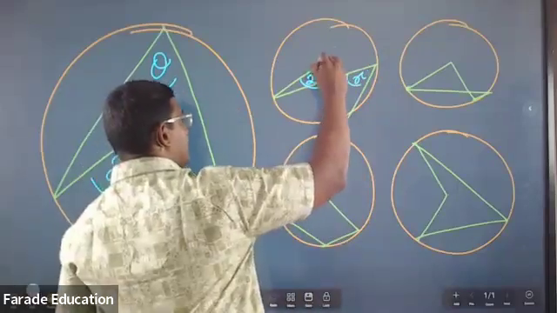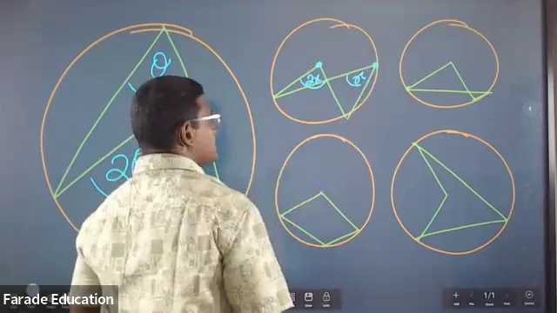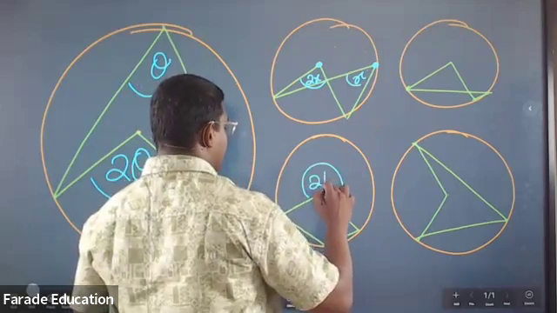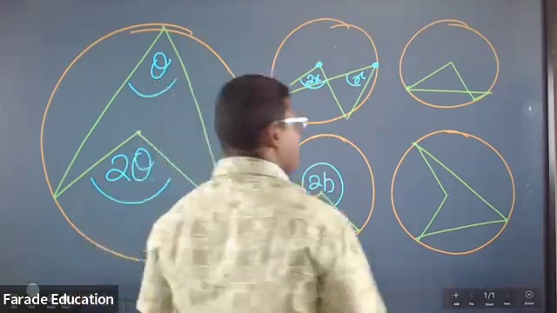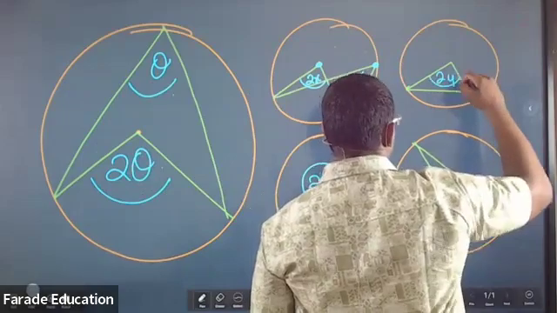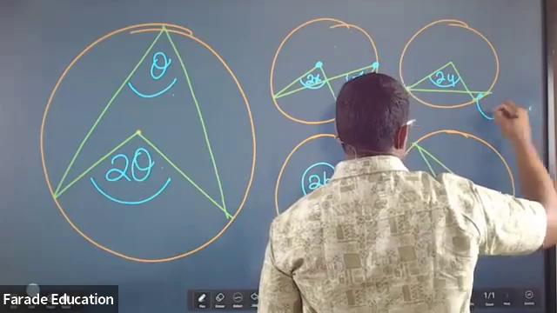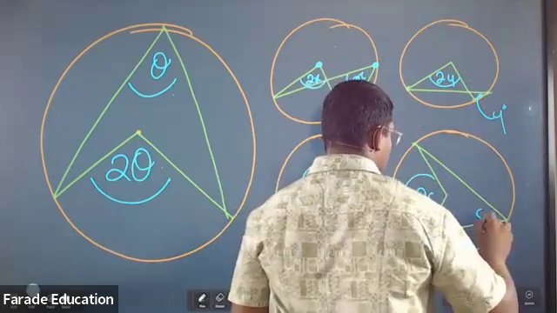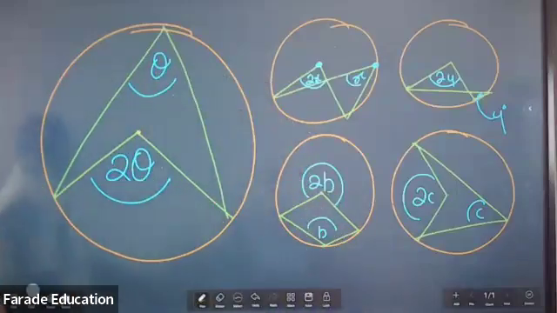Angle subtended at the center is twice the angle subtended at the circumference.